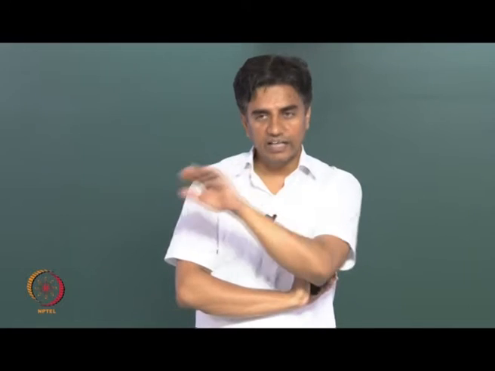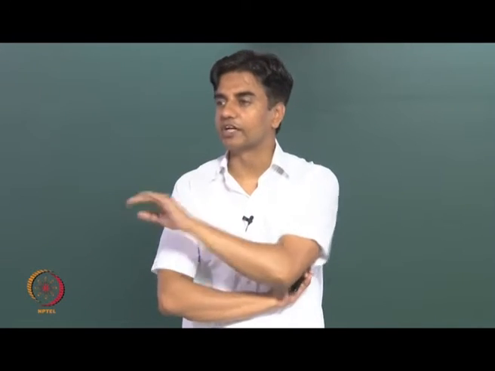Get the point? So, in these four examples, I am trying to show you that there are some elements like hargiz and kuch bhi which are categorically dependent on negation for their appropriate interpretations. Makes sense?